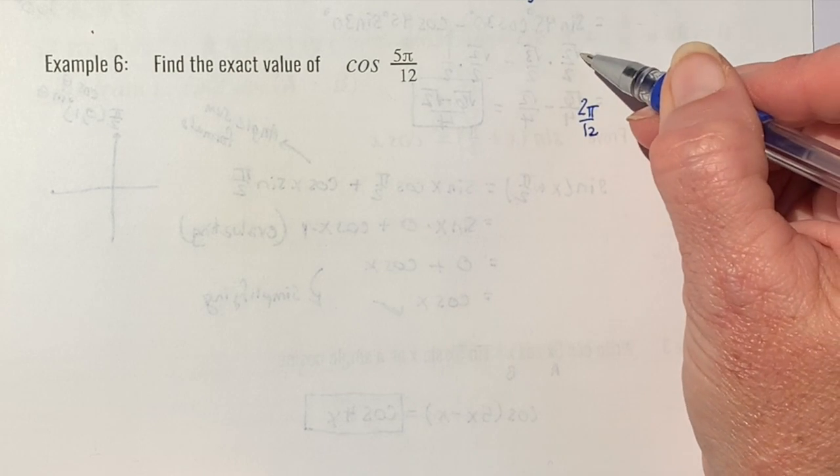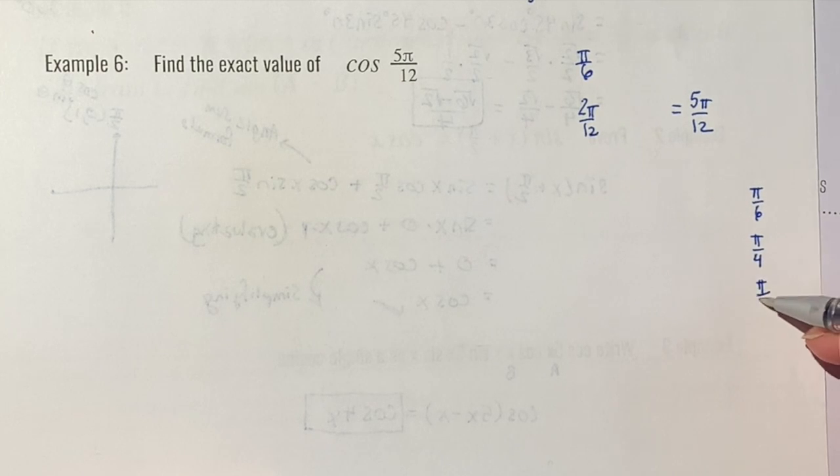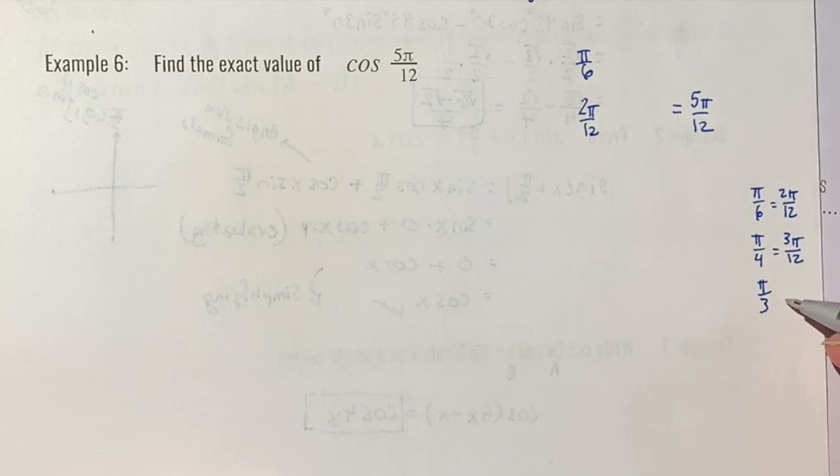But that reduces to pi 6. So if you take your common angles, there's pi 6, that's 30 degrees, pi 4, that's 45 degrees, and pi thirds, that's 60 degrees. If we make those all in 12ths, this would be 2 pi 12ths, this would be 3 pi 12ths, and this would be 4 pi 12ths.